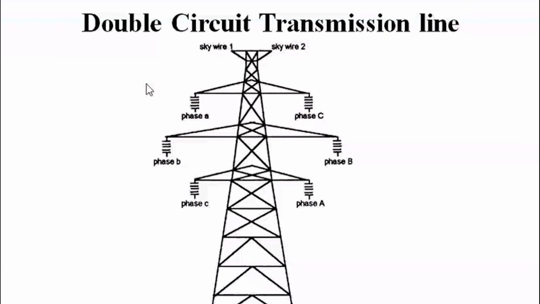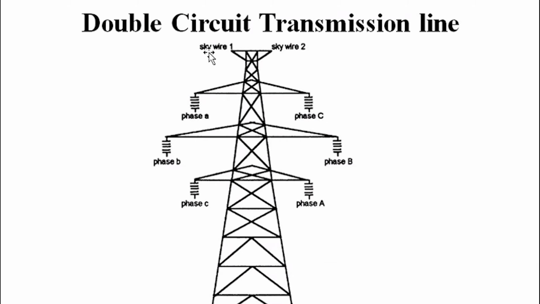In a double circuit line we have two circuits. In one circuit you have a complete set of phases R Y B, and in another circuit we have phases R Y B. So if in one circuit the phase sequence is from top to bottom, in another circuit the phase sequence is from bottom to top.